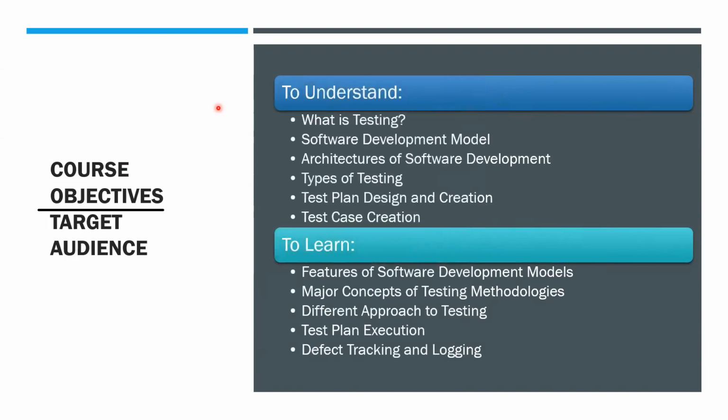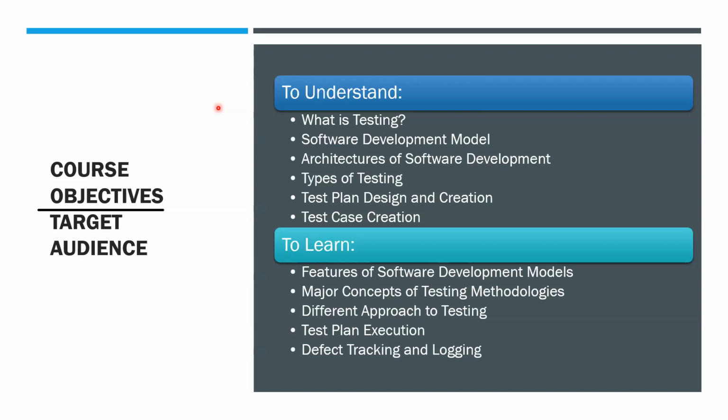Course objective and target audience. To understand what is testing, we just talk about that, right? Software development model, architectures of software development, types of testing, test plan design and creation, test case creation. Okay, so the purpose of this course is for you to understand, by the end of the manual testing phase, what testing is, why you need to do testing, why it is so important.